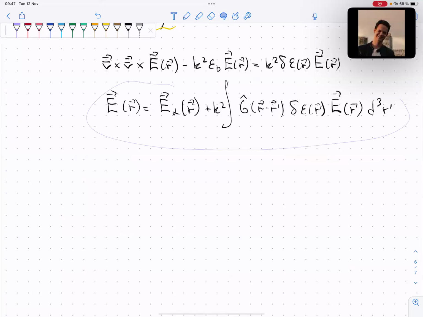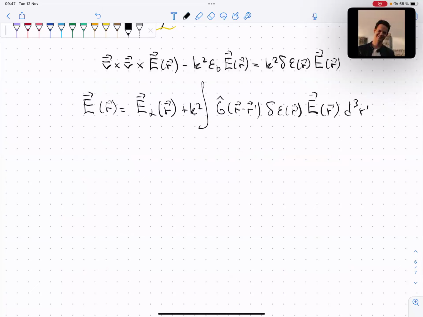So, you guys know what the Green function is, or do I need to explain this?